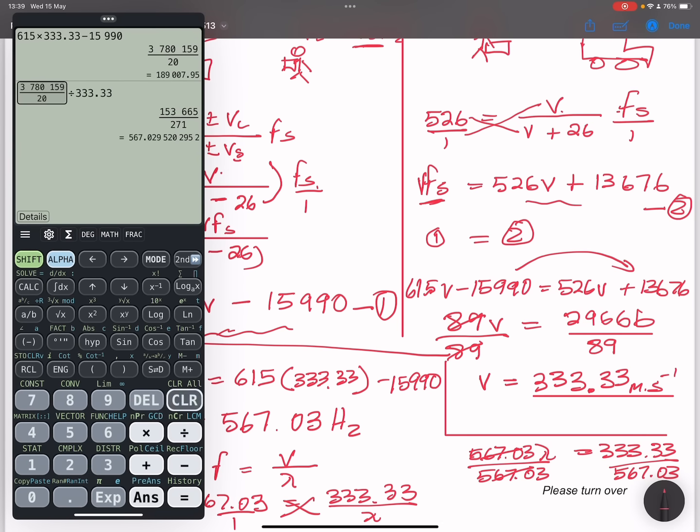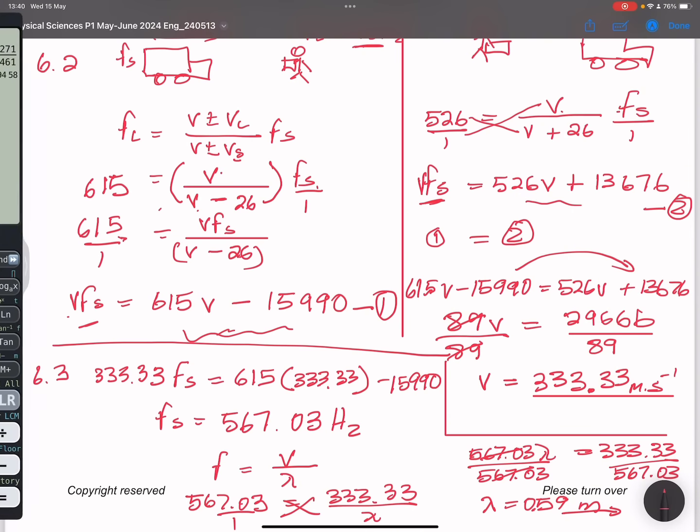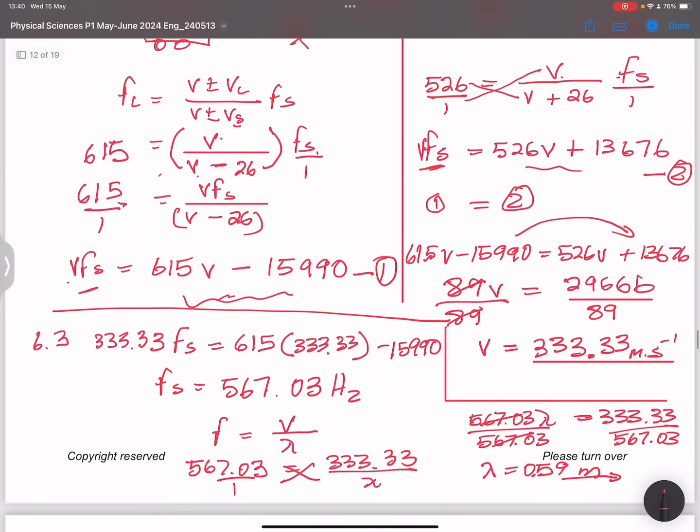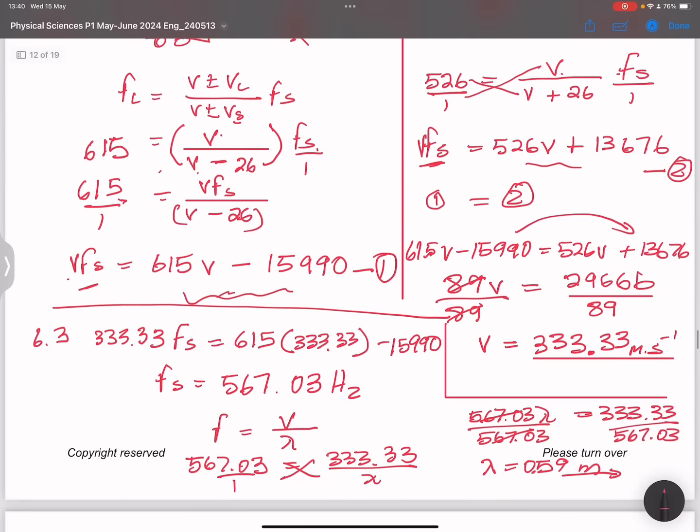So I'm going to simply say 333.33 divided by 567.03. And I get a value, lambda is 0.59. Remember that that is in meters. That's the wavelength. It's always measured in meters.